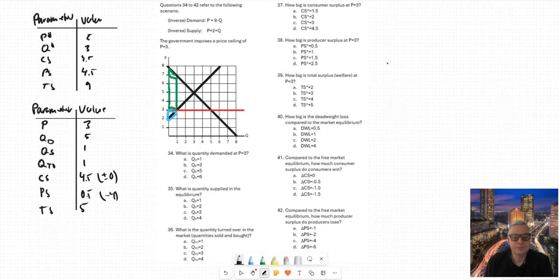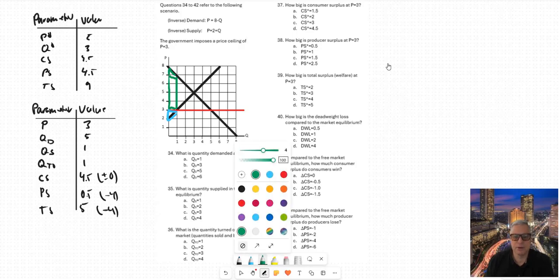Okay, so now let's answer the questions. And of course we still have now a deadweight loss of 4, and of course the entire deadweight loss can be attributed essentially to a loss in consumer surplus, loss in producer surplus, they lose 4, and that's equivalent to the deadweight loss.